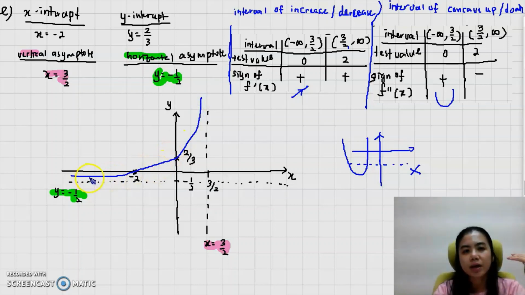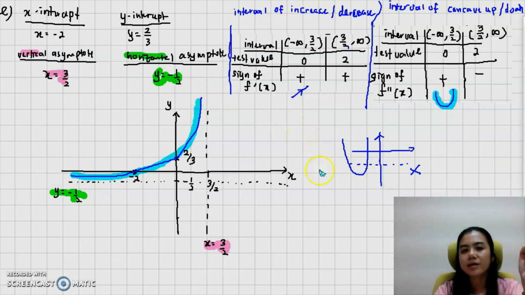So you have a curve where the y value is always increasing as you go here. And how about the concavity? This is actually up, right? This is the curve of concave up.